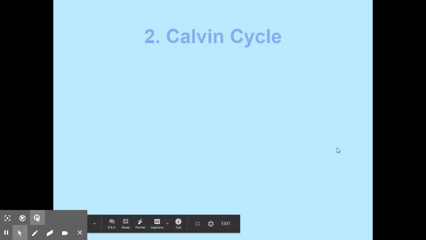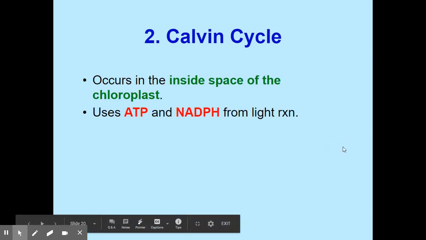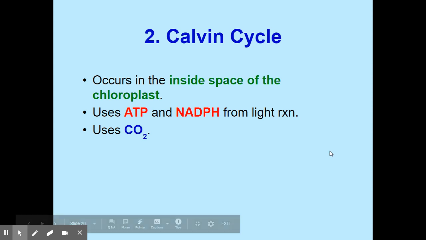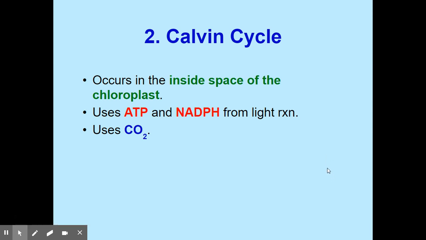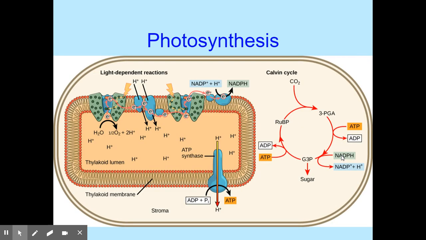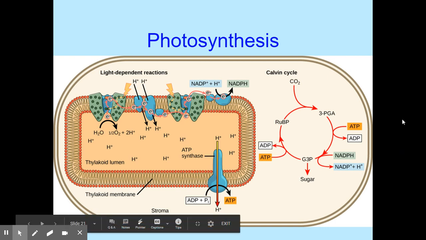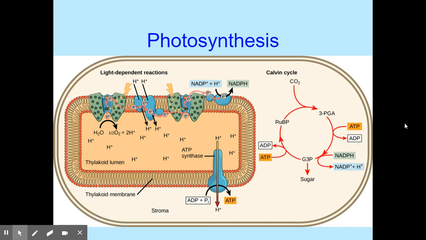All right, so we just went over the Calvin cycle. So I'm going to take those two processes and put them together to show you the whole process of photosynthesis all together. This is your other diagram on your handout, and it shows both reactions at the same time.